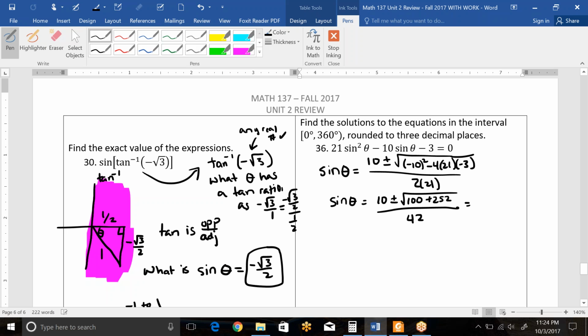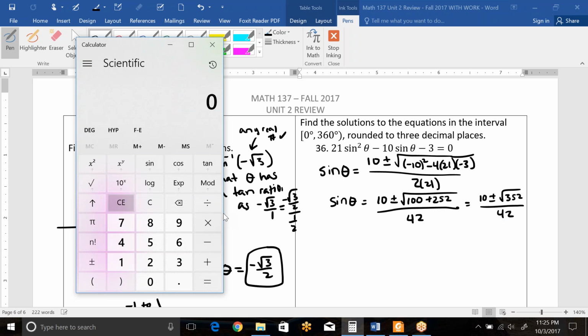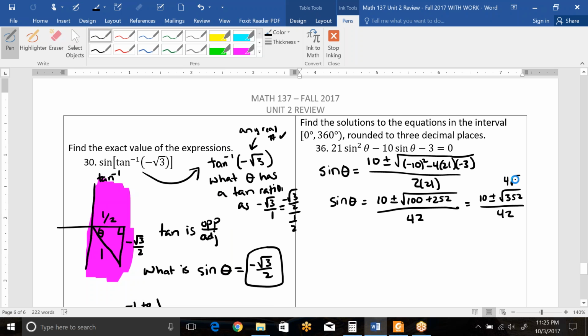So this is 10 plus or minus the square root of 352 all over 42. We want to see if 352 has any perfect squares that go into it. 4 definitely goes in. Let's see if 16 goes in. Yeah, 16 will work. So that is 4 times the square root of 22.